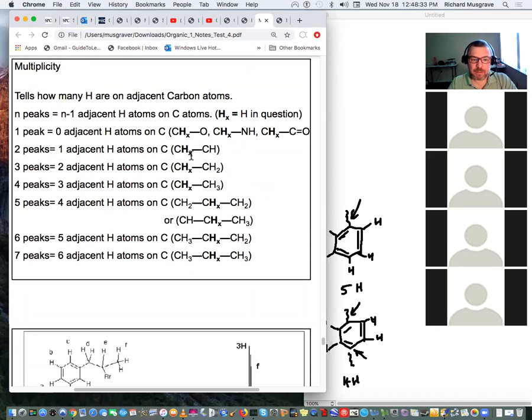And what that means is, if we're talking about CHs here, 1 peak would be 0 adjacent hydrogens on carbon. And you'll notice that's a CHX connected to O, even if that's an OH. And look here, CHX connected to NH. The NH doesn't count, because this is only for hydrogens on adjacent carbons. This doesn't count for anything that's not on carbon. And that's really important as well.